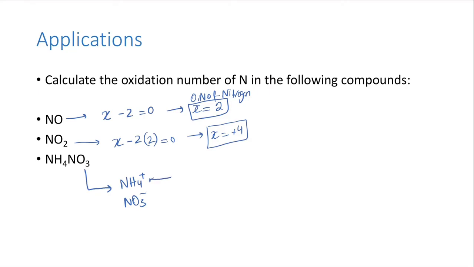The oxidation number of nitrogen in NH4 plus: we have X plus 4 hydrogens, each hydrogen equal to plus 1, equal to the charge, which is plus 1. So X here is equal to 1 minus 4. X is equal to minus 3.